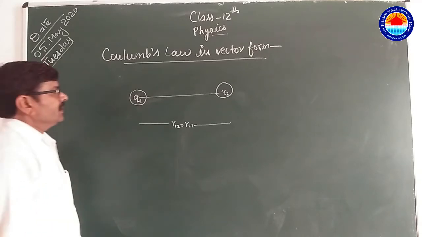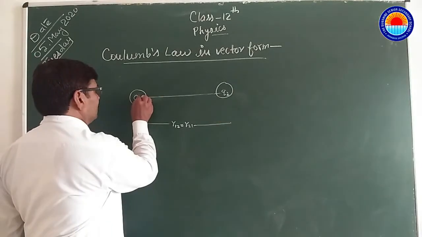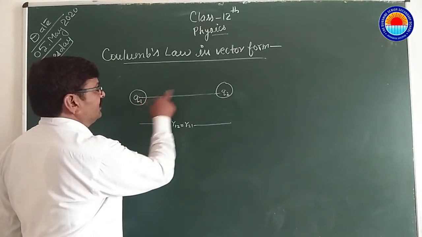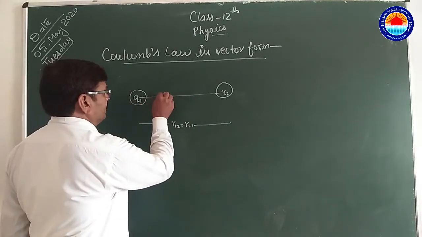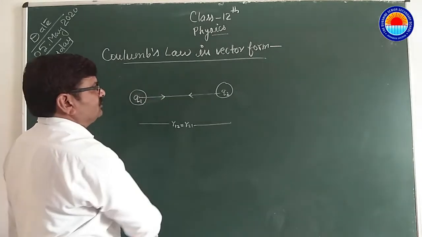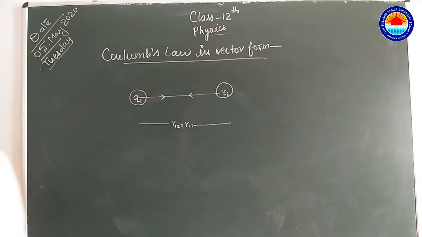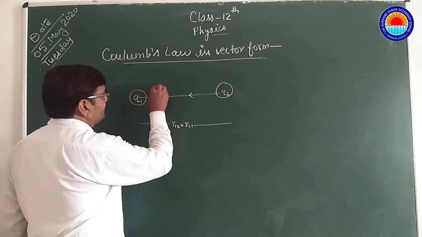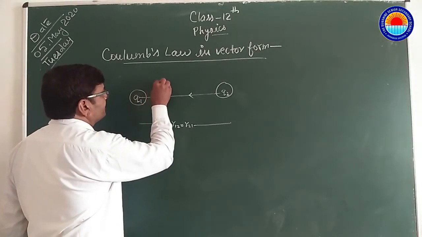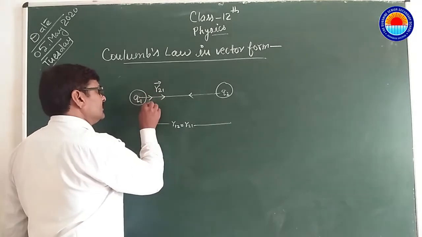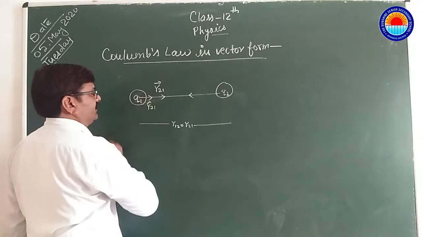Then the position vector R12 is of Q1 with respect to Q2, and the position vector of Q2 with respect to Q1 is R21, and its unit vector is R21 cap.